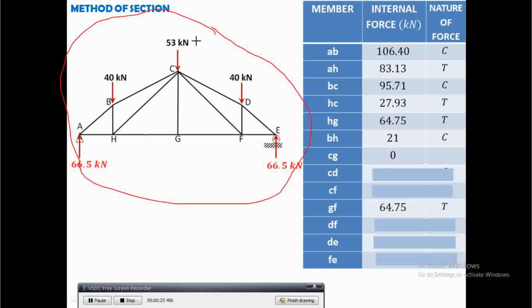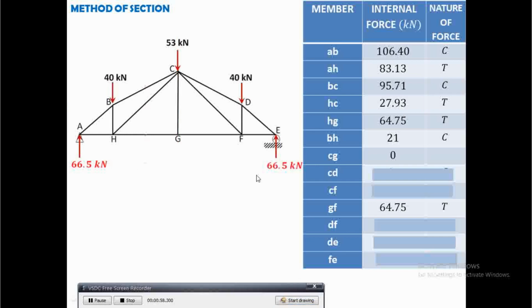Symmetrical means if I'm going to cut this here in the center, the left side is the same as the right side. Kumbaga, nag-mirror siya. So, if a structure is symmetrical, you don't need to go through the process again here in the right side. So, whatever the values here in the left is equal to the values here in the right side.